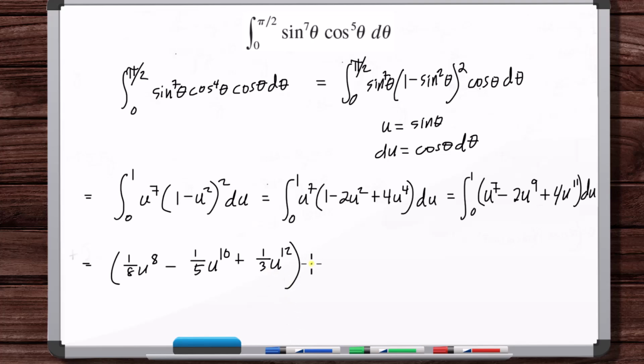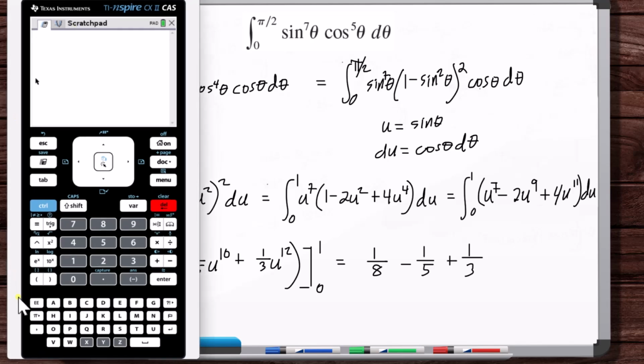Yeah. Okay, and this is going from 0 to 1. When you plug in 0, this goes to 0, so we just plug in 1. You see, this is really nice, this updating the limits of integration. 1/8 minus 1/5 plus 1/3.